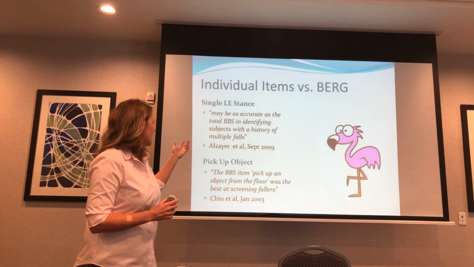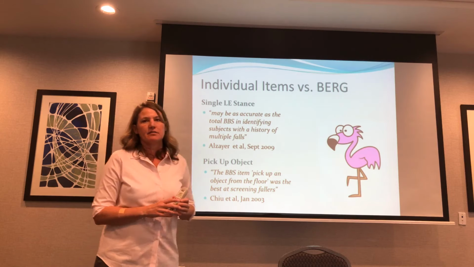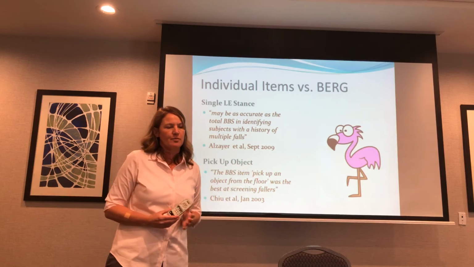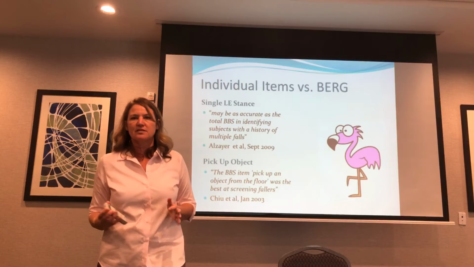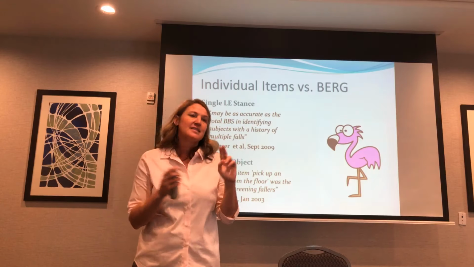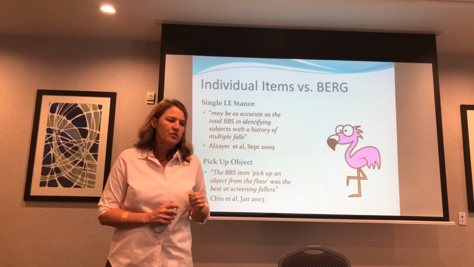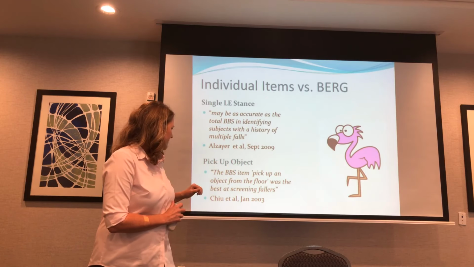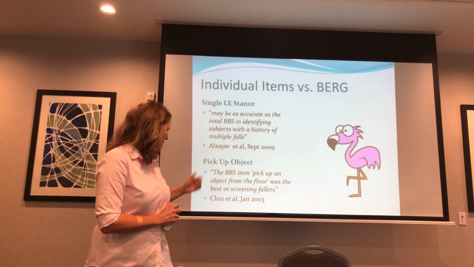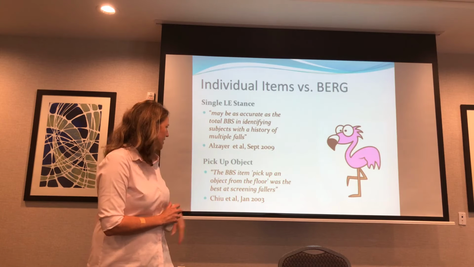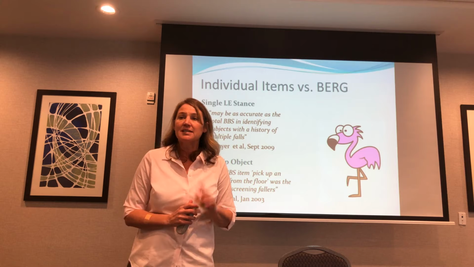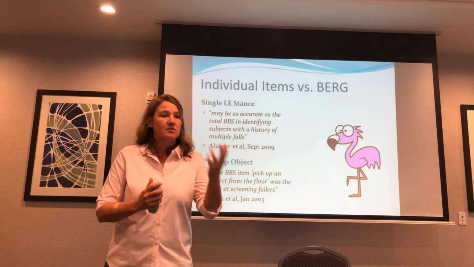This particular one, Alzager, found that when they looked at multiple people performing the test, the single lower extremity stance score was as helpful as the whole score. And picking up an object from the floor, this author found, was the best one at screening fallers, meaning if you only had time to do one thing, that item.